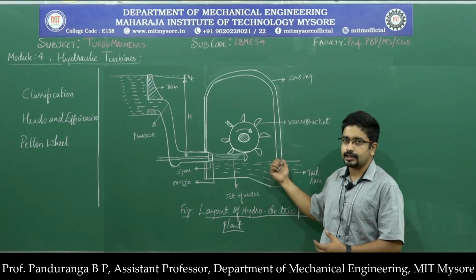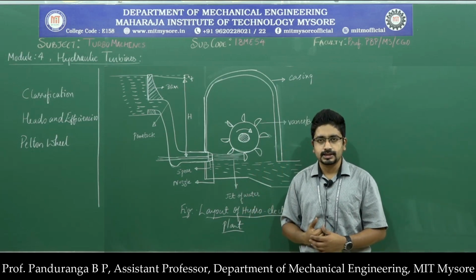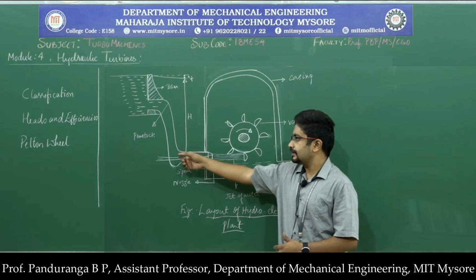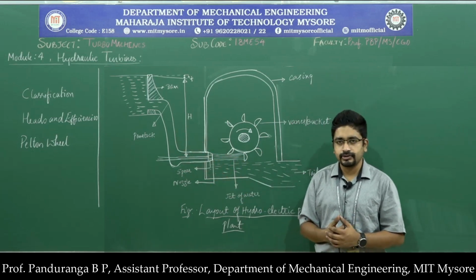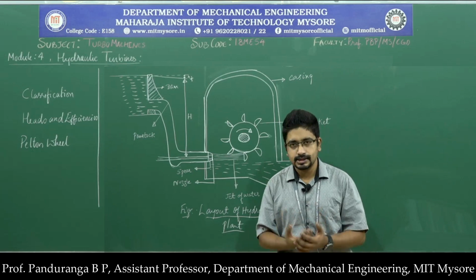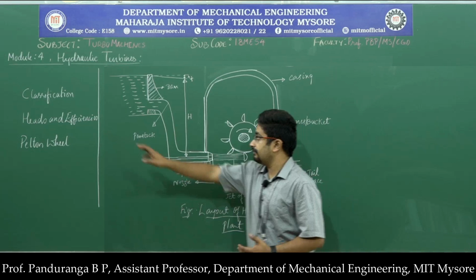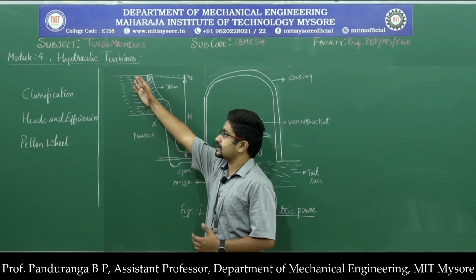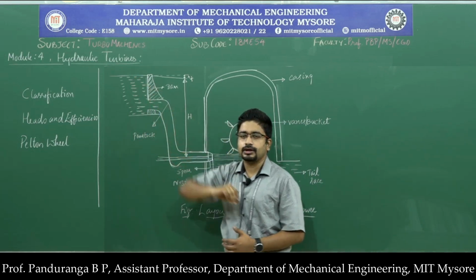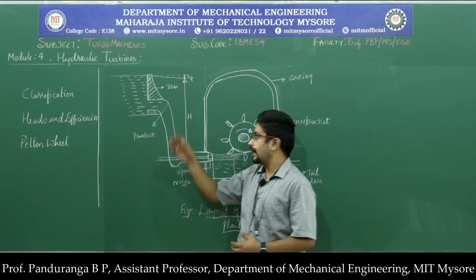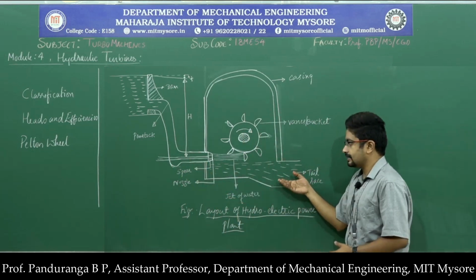So here we know that Pelton wheel is a low discharge turbine. So here the size of the penstock may be smaller when compared to a Francis or Kaplan turbine. So here we have the dam. This is the level of the dam when water is not being consumed, and here we have the tail race.